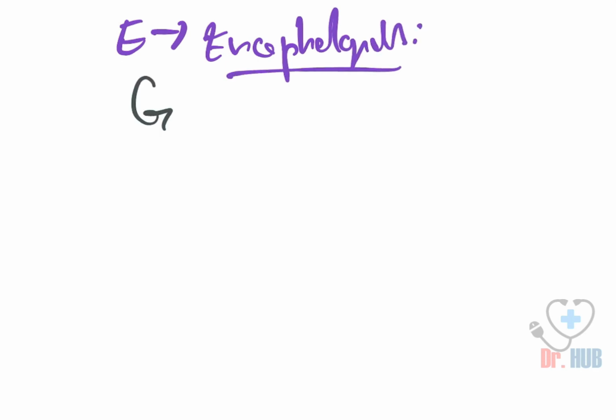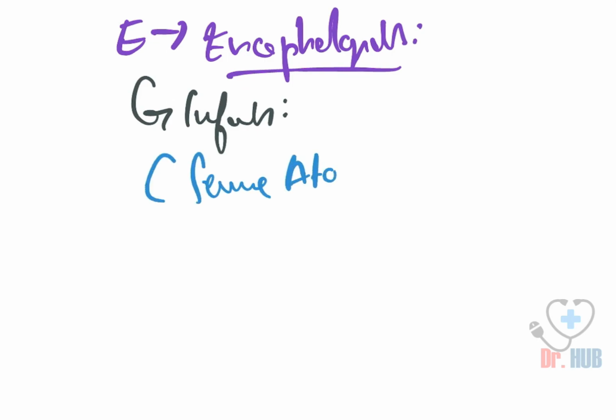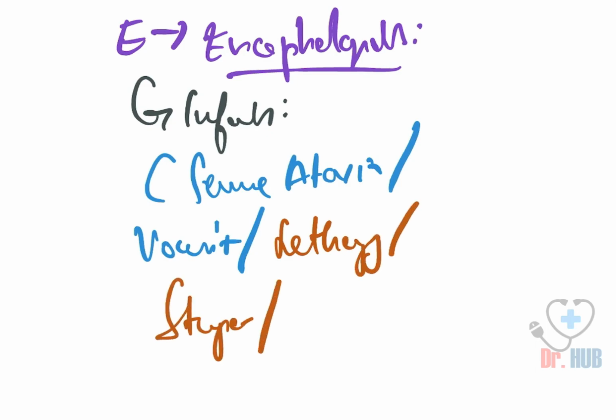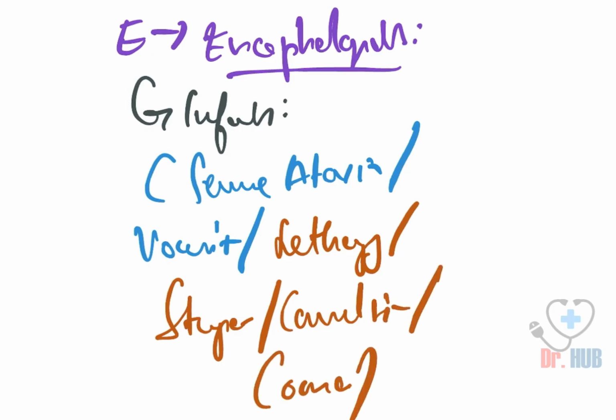Encephalopathy is mostly seen in infants, who present with severe ataxia, vomiting, lethargy, stupor, convulsions, and coma. All this is present in E for encephalopathy.